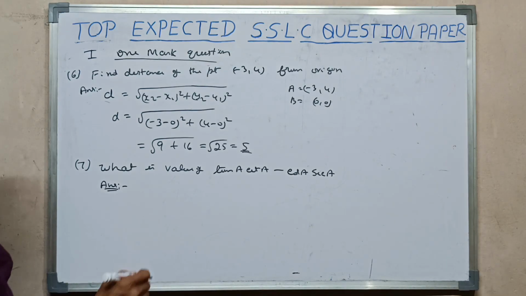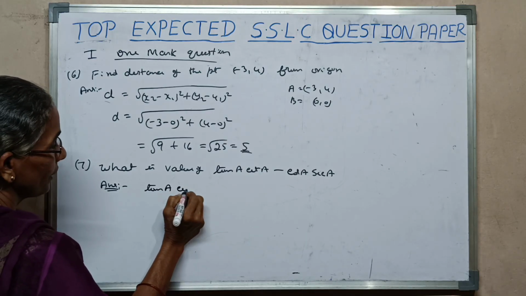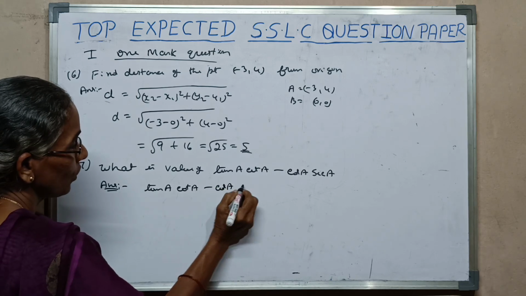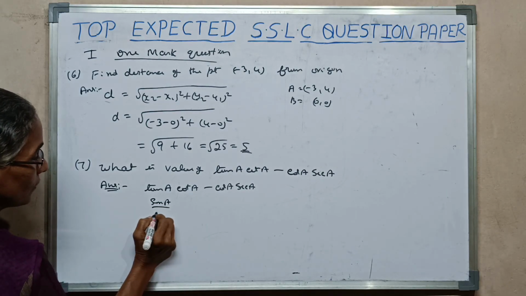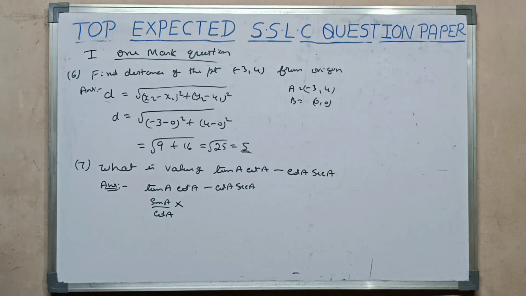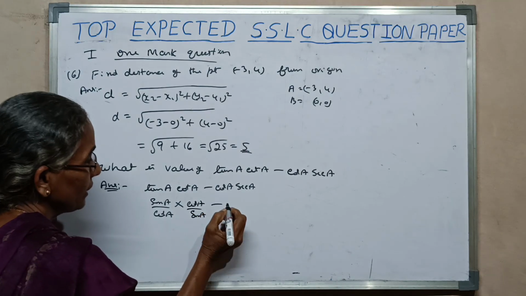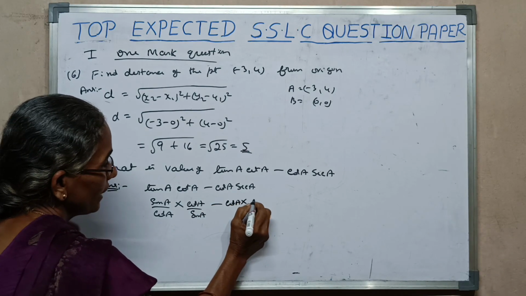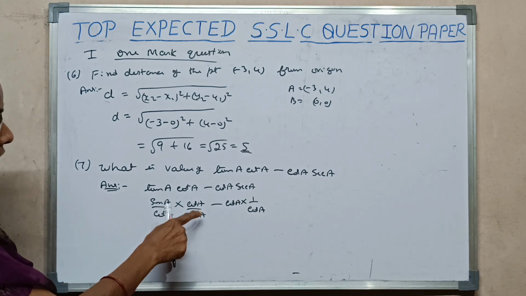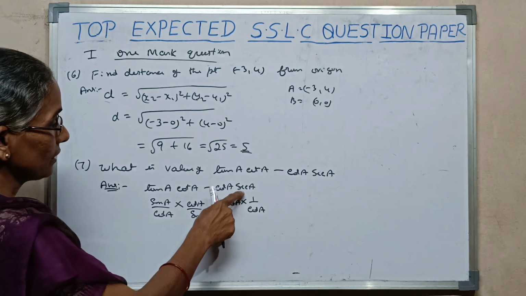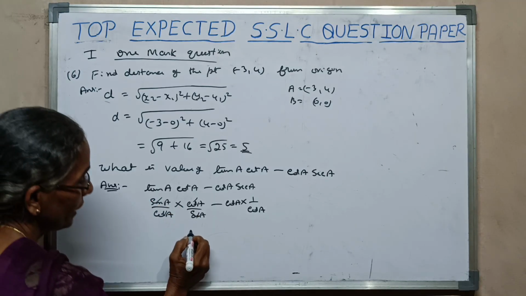we know trigonometric ratios, value of tan A. The expression is tan A cot A minus cos A secant A. Tan A equal to sin A by cos A into cot A is reciprocal of tan, that is cos A divided by sin A, minus cos A into secant A is 1 by cos A. So here sin cancel, cos cancel, remaining 1.